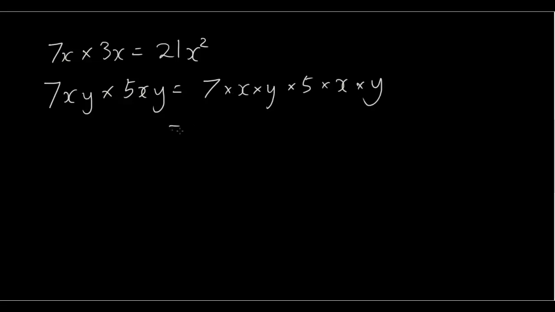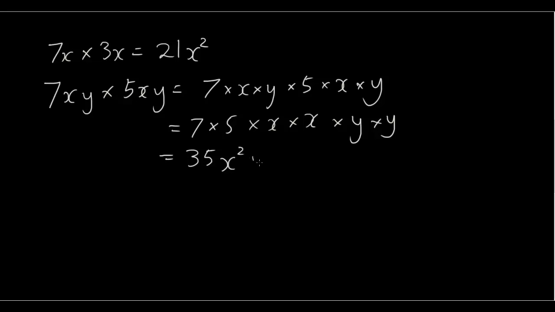Because order doesn't matter when you're multiplying, it becomes 7 times 5 times x times x times y times y. So you're left with 35x squared y squared. Hopefully you won't need to write it out like that once you become more familiar with them.